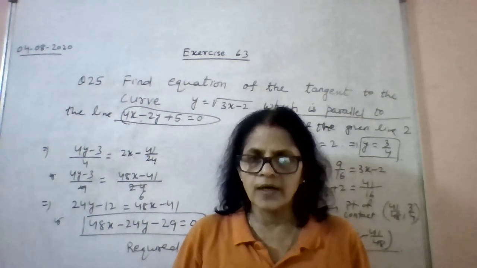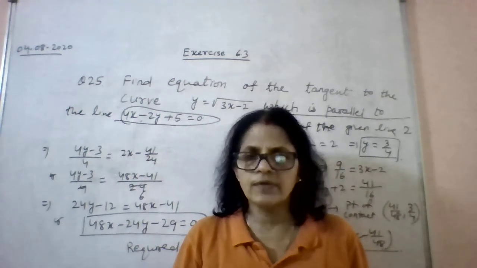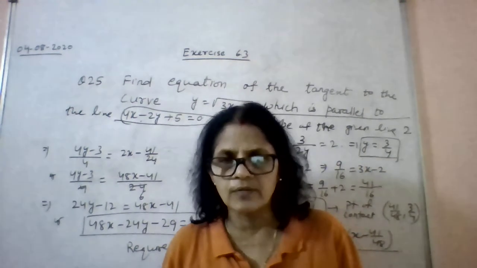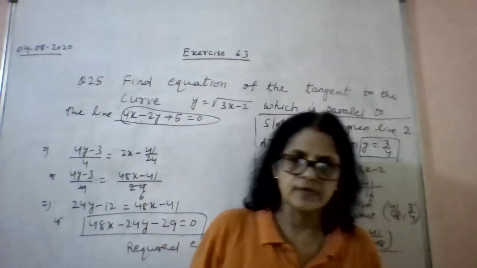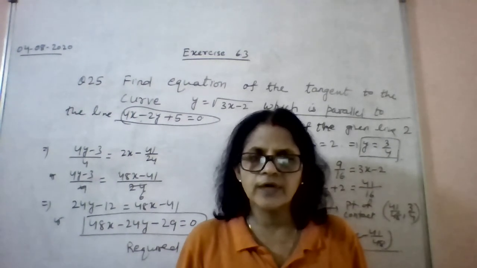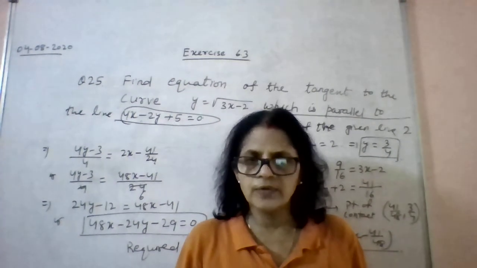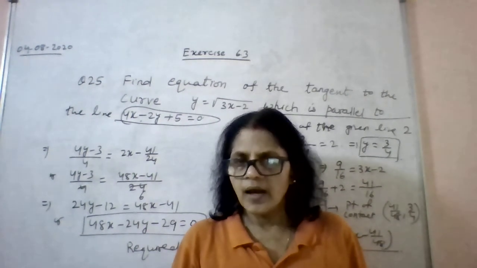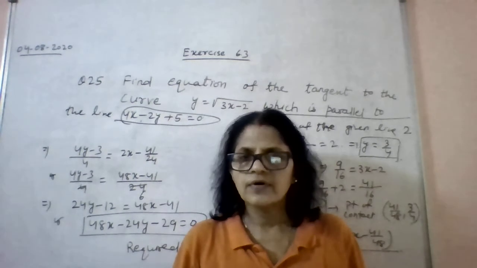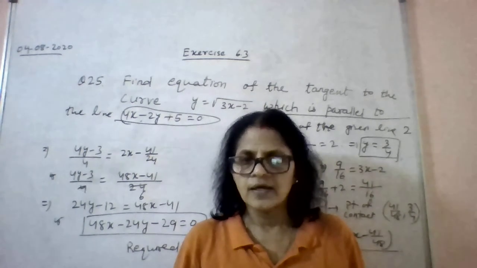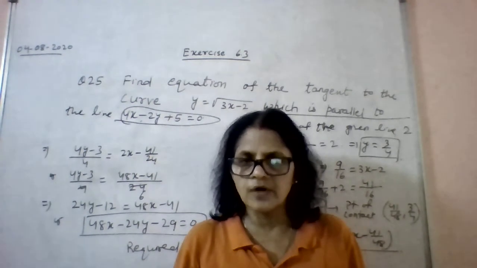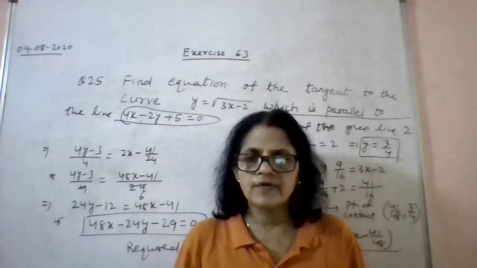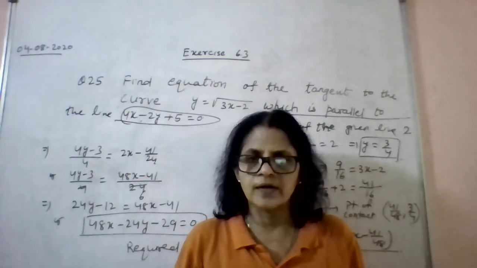Getting the point of contact, after that you get the equation of tangent and normal, whatever may be the case. In the third type we have taken the angle of intersection of curves and the condition for the curves to be orthogonal.